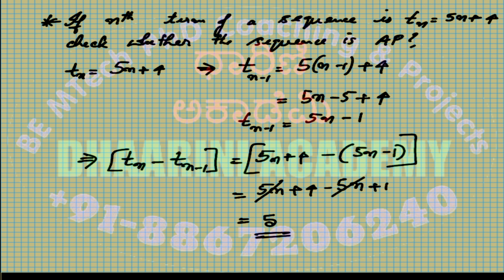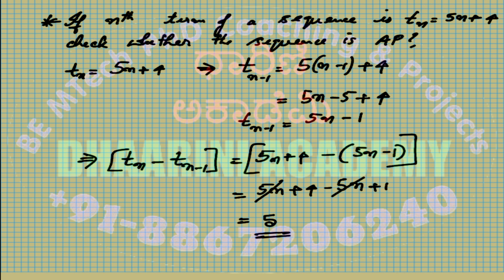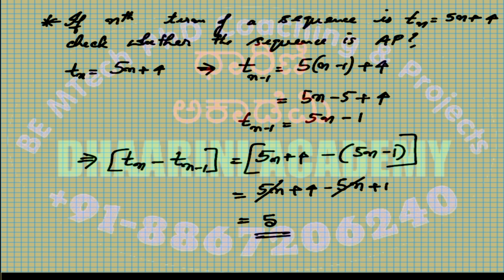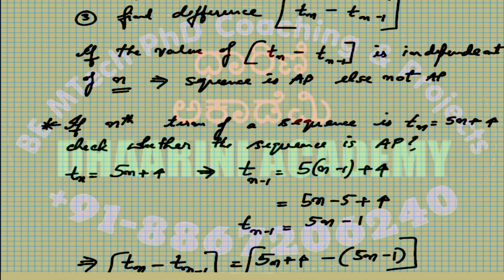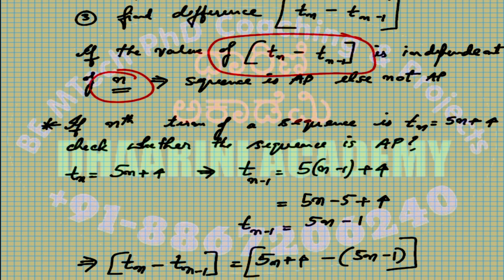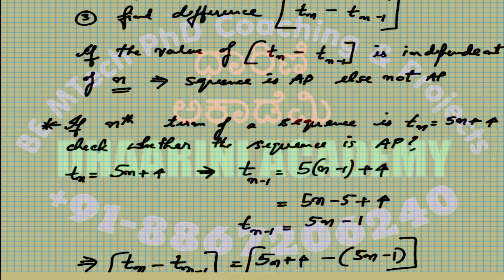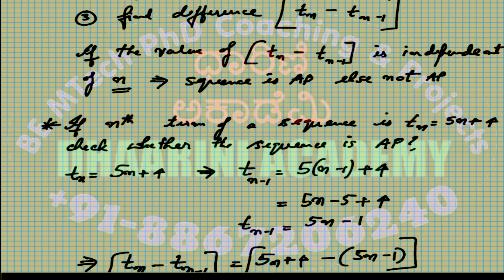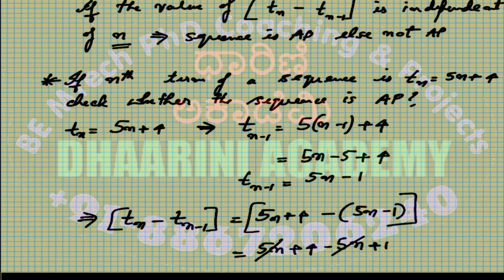So what is the condition? I just have to check this difference value. If the difference has no n in it, there should not be n present in any format, like n square or root n, there should not be any n.